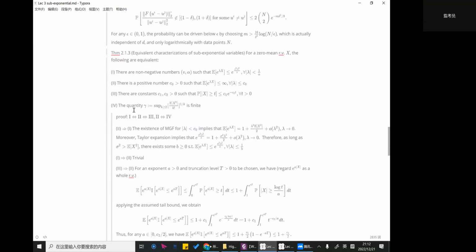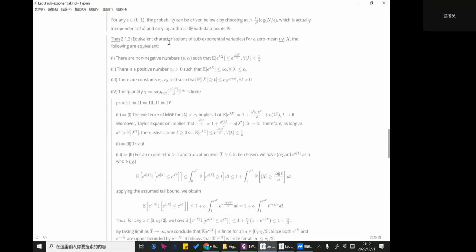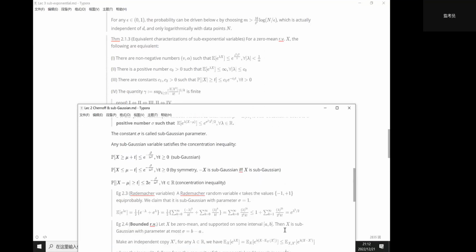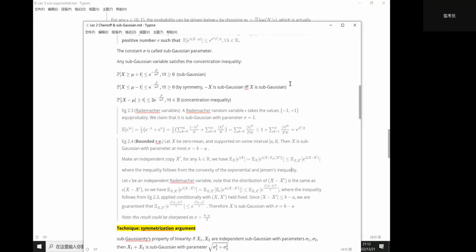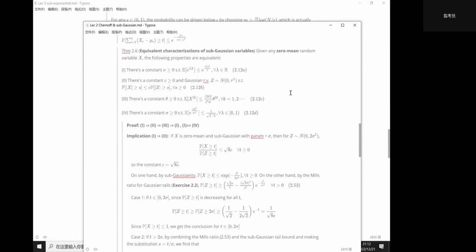Finally, it also gives some equivalent characterizations of sub-exponential variables. We can have a brief review of sub-Gaussian here. Sub-Gaussian, the first one is a definition. The second one is by dominance of the Gaussian random variable.